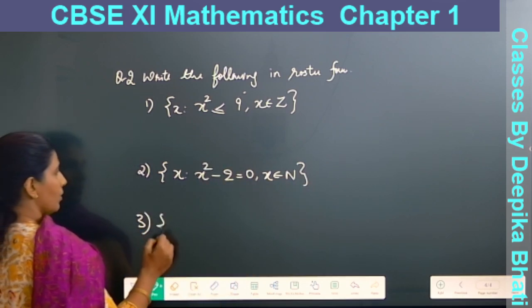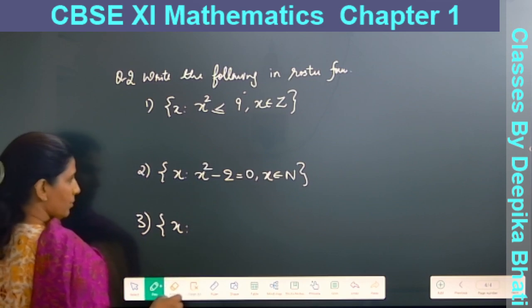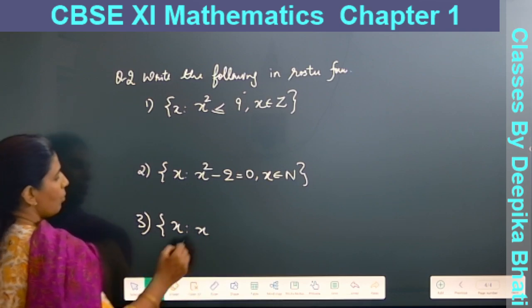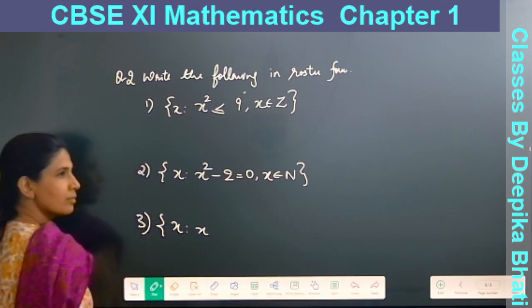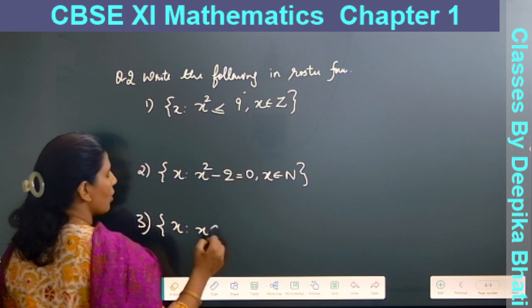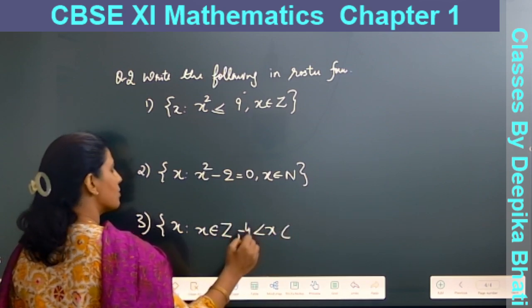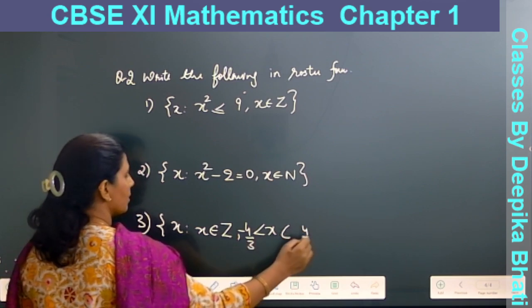Third, x such that modulus of x is such that x belongs to integers and x is between minus 4 by 3 to 4 by 3.